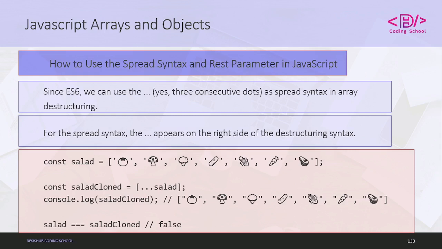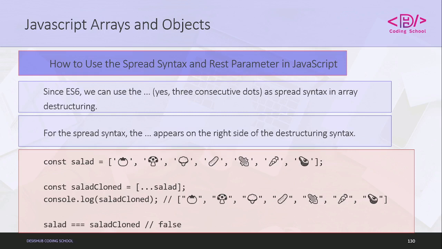As we looked at in the earlier introduction to JavaScript, more features were brought in during ES6, and one of the other features apart from destructuring is the spread syntax, which uses the 3 dots, and it always appears on the right side of the destructuring syntax.